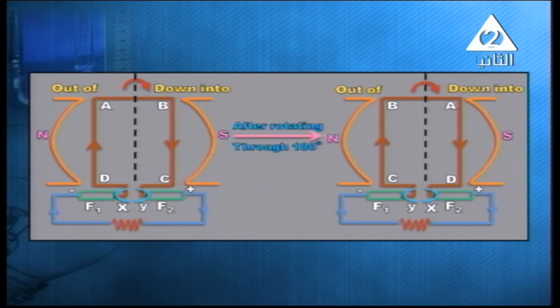So the coil is rotated, and after rotation through an angle of 180, we will obtain the same direction of current in the external circuit. It is shown in front of you that the current in the external circuit flows from brush F2 to the other brush F1, even after the coil is rotated through 180.